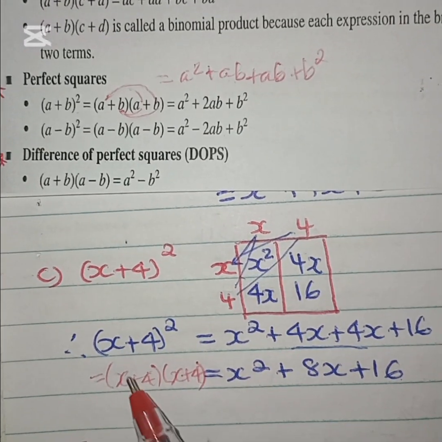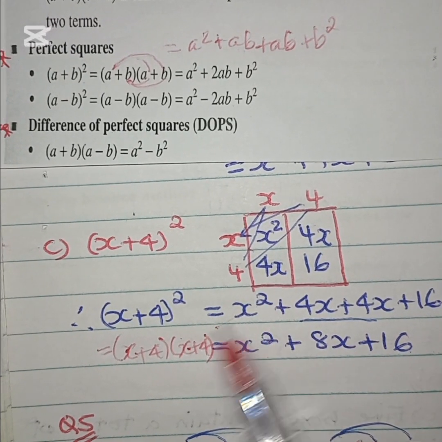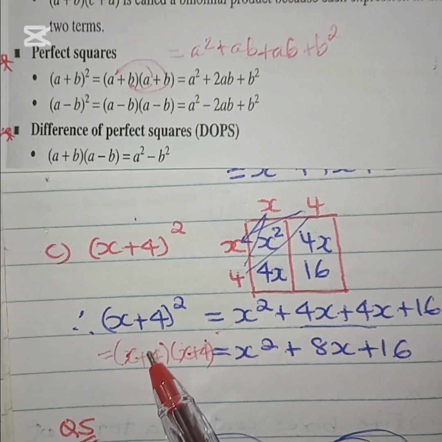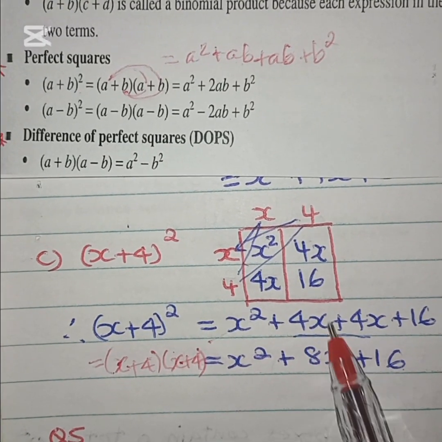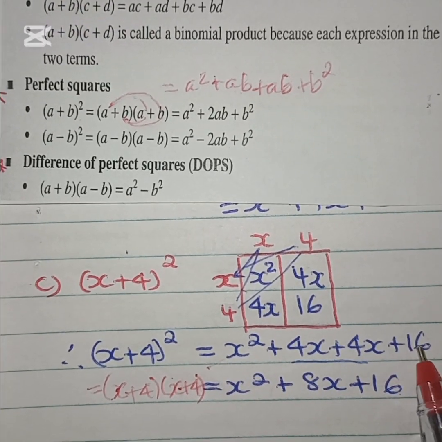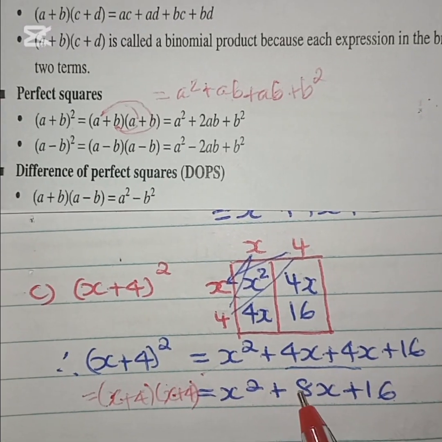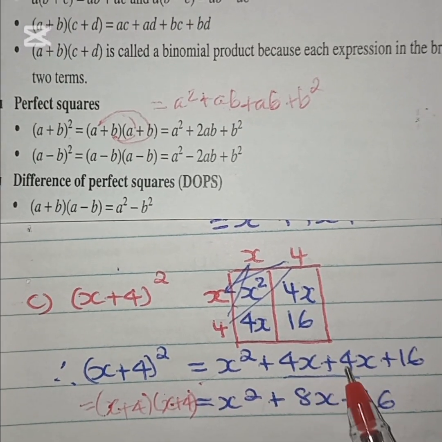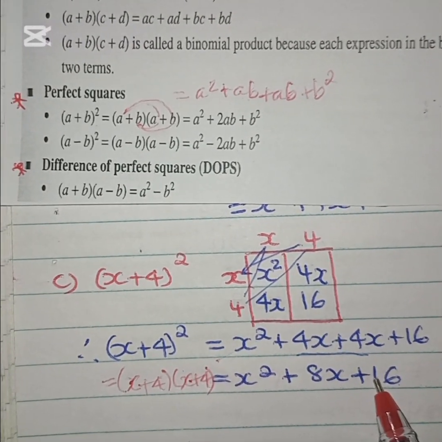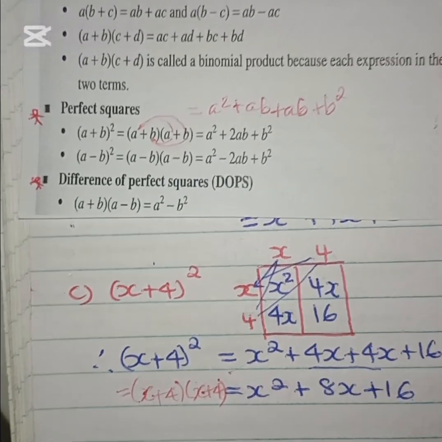So when we expand, we go x times x is x squared, x times 4 is positive 4x, 4 times x is positive 4x, and 4 times 4 is 16. And when we collect like terms in the middle, we'll have x squared plus 8x, for 4x plus 4x is 8x, plus 16. So that's an example of a perfect square.